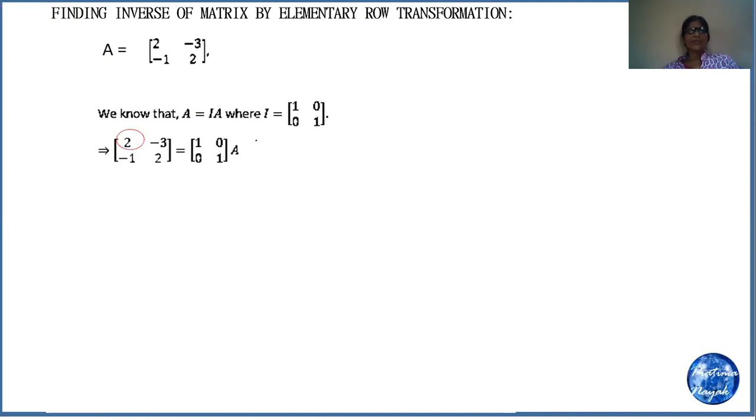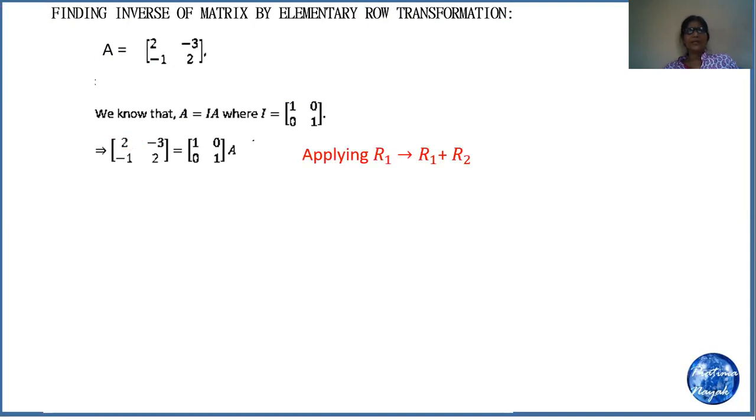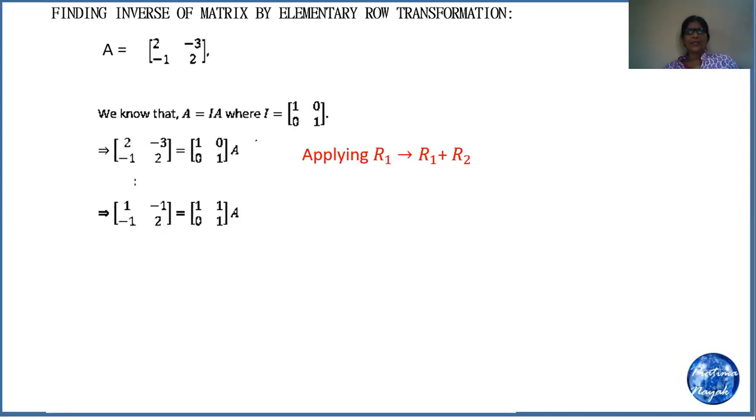This 2 will be converted to 1. It is very simple. I'll apply R1 is equal to R1 plus R2. I'll get 1. Similarly, minus 2 plus 2 will be minus 1. And on the right side, 1 plus 0 is 1, and 0 plus 1 is 1.